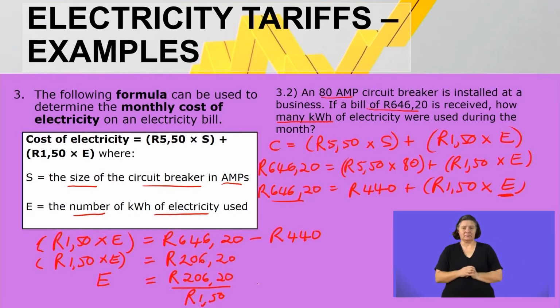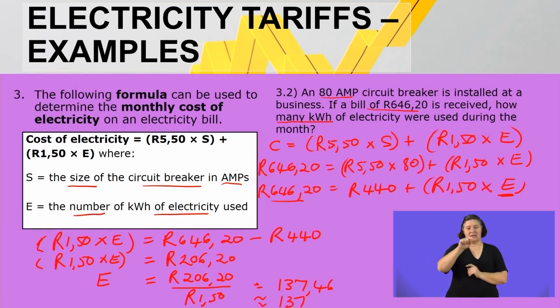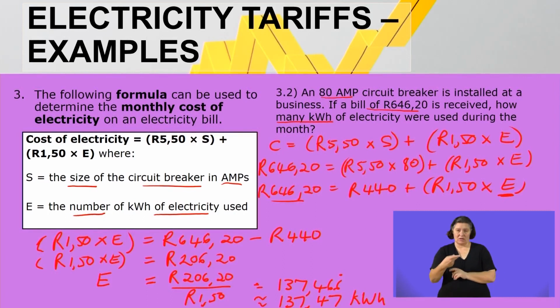So therefore, E equals 137.4666667. So I'm going to round this, remember that 6 repeats itself, and let's round it to 2 decimal places for this example. And remember, this is now not rand, but kilowatt hours of electricity, because you calculated E.